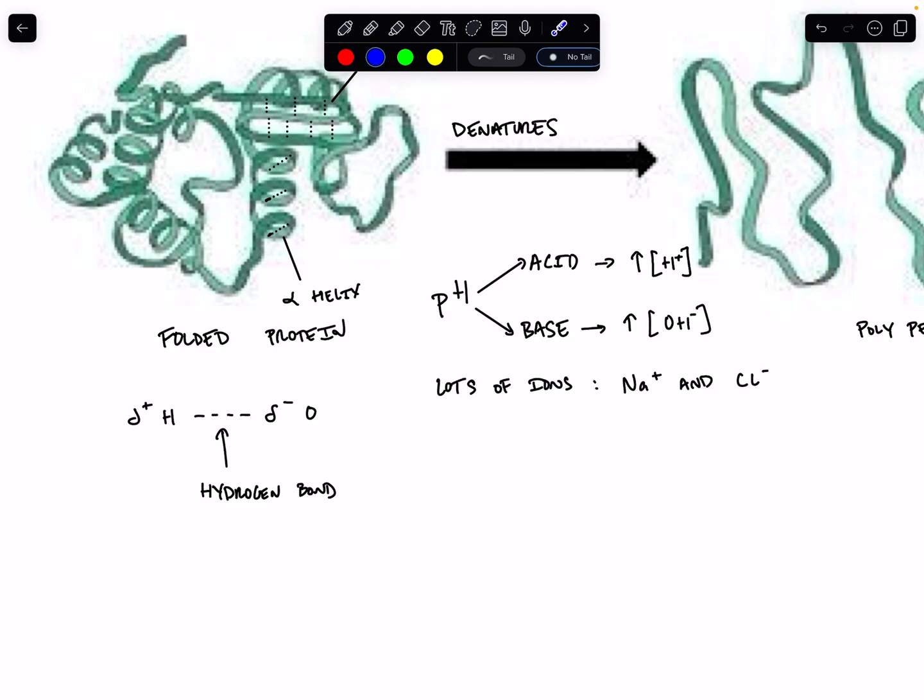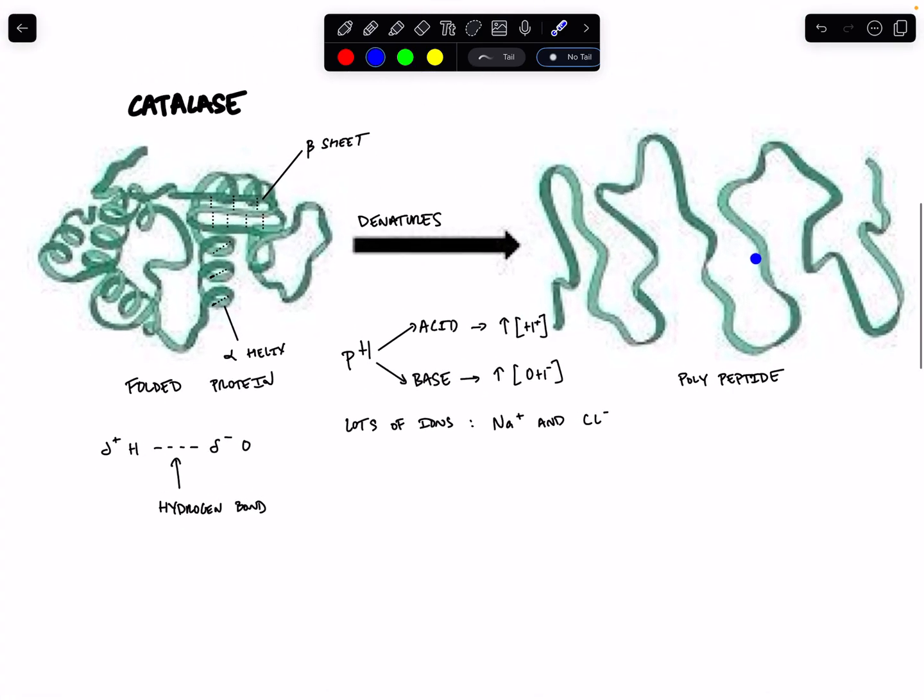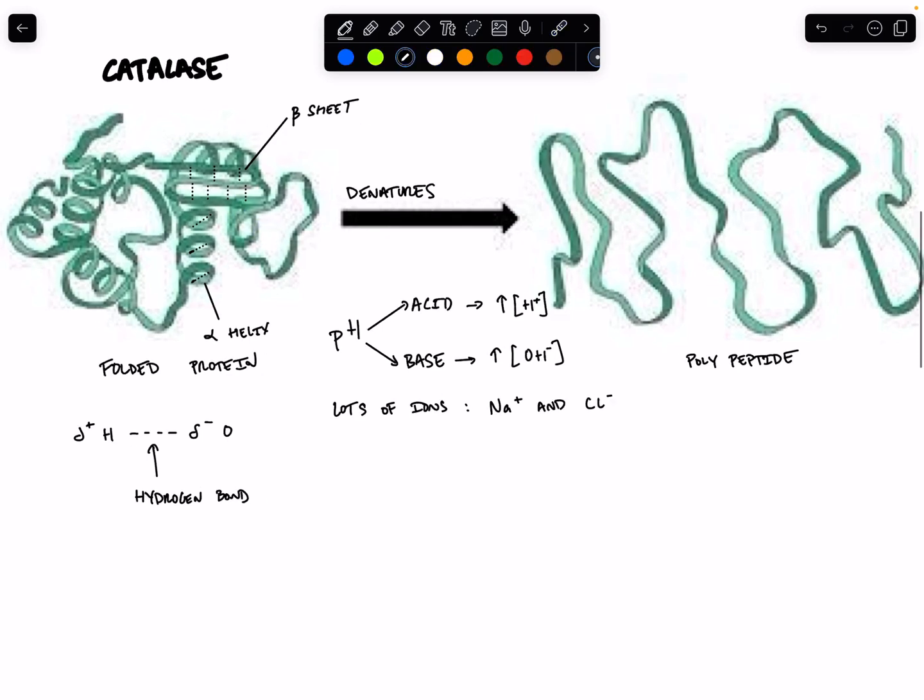And if we had a bunch of sodium and chloride, this sodium could swoop in here and break up this bond between a slightly positive hydrogen and a slightly negative oxygen, and the chloride would do the same thing, but it would want to interact with the slightly positive hydrogen. So a really salty solution can also denature a protein. And we didn't do that in class, but it is also true.